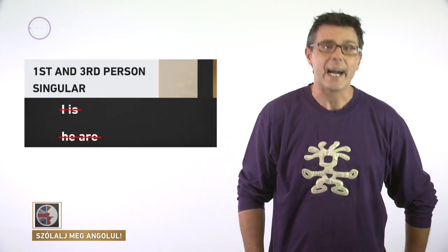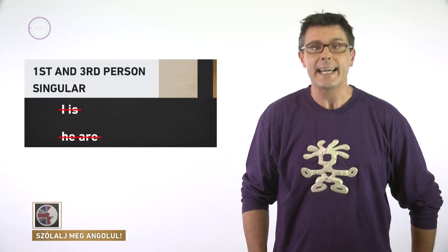In the present simple, what's the form we use for Dave Squid? Well, Dave Squid is the third person singular. So what's the correct form? That's right. The third person singular form is one we have to be careful with. We have to be careful with the first person singular and the third person singular form in the verb to be in the present simple. We can't say I is and we can't say he are.